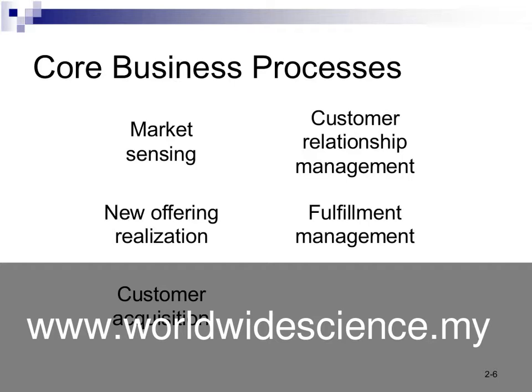And then customer acquisition is how we define our target markets for our new customers. And then customer relationship management. As I said, marketing is all about relationships and how we manage our relationships with our customers. So we try to build a deeper understanding and relationship with the customers.